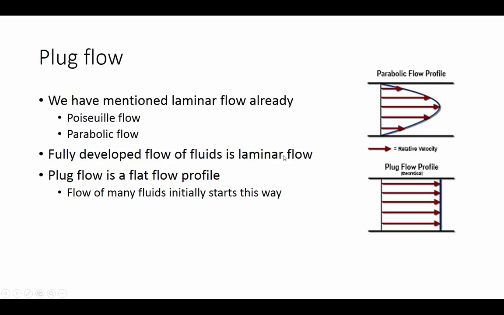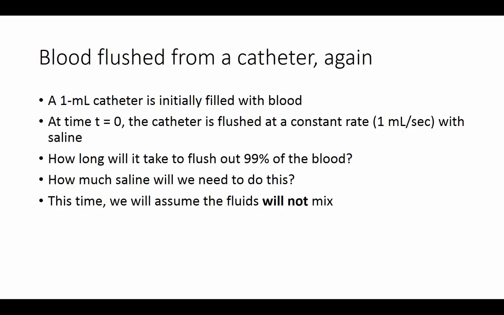Fully developed flow of fluids will take the parabolic, Poiseuille, whatever you want to call it, flow profile, and that's laminar flow. Plug flow is that flat flow profile, and the flow of many fluids will initially start this way. So this plug flow is a transient sort of flow profile that will happen.